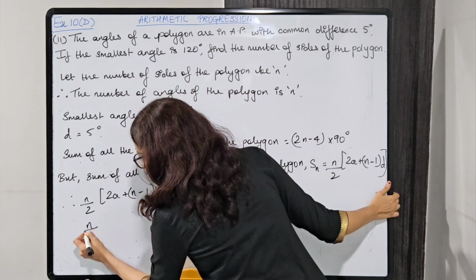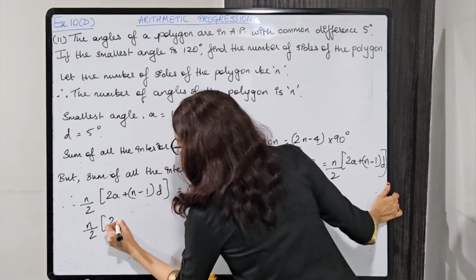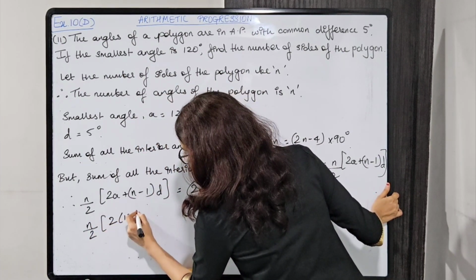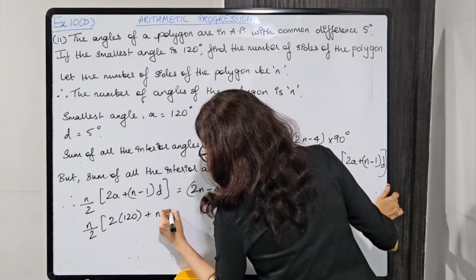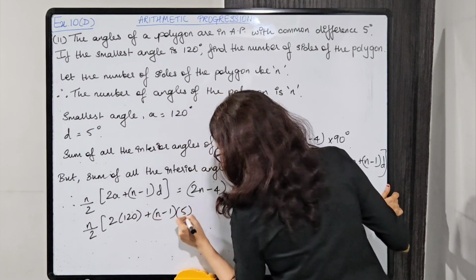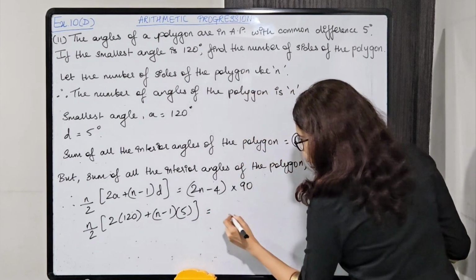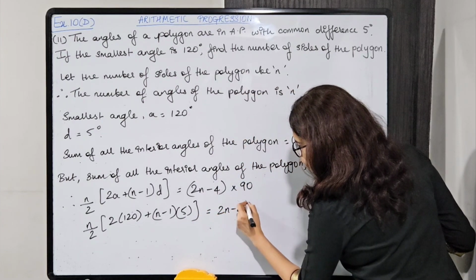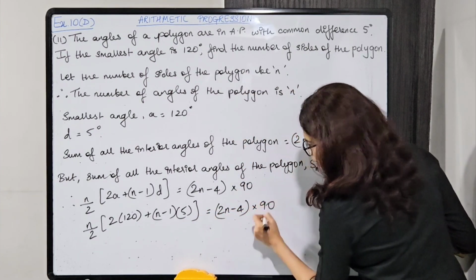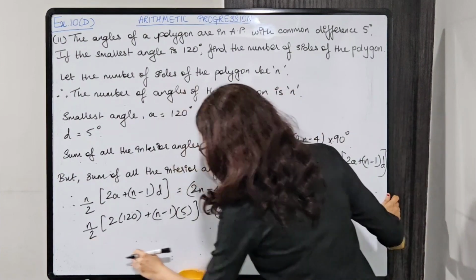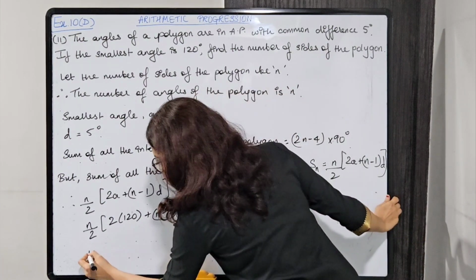So n by 2 into (2 into 120 plus (n minus 1) into 5) is equal to (2n minus 4) into 90. 2 को यहाँ पे शिफ्ट करते हैं.